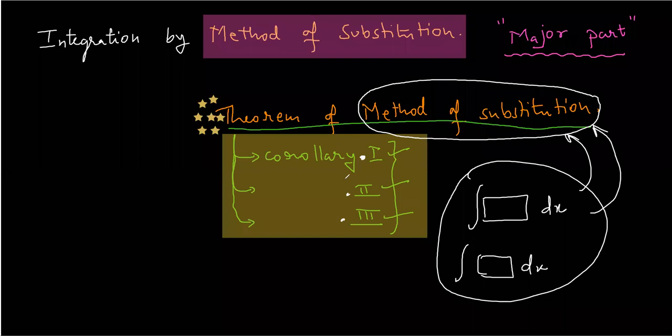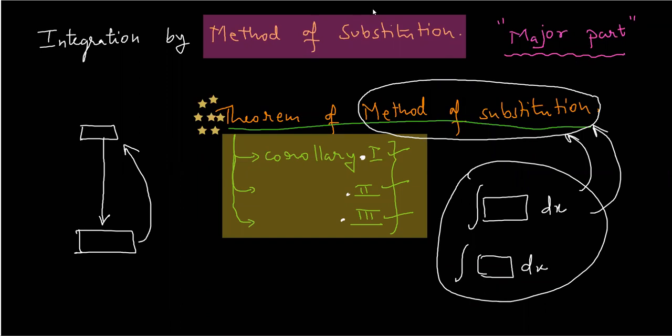In order to make the subject easier and conducive, I will first write all the corollaries and explain them to you. We are not going from top to bottom. I am taking the reverse path, in order to make it easier for you.